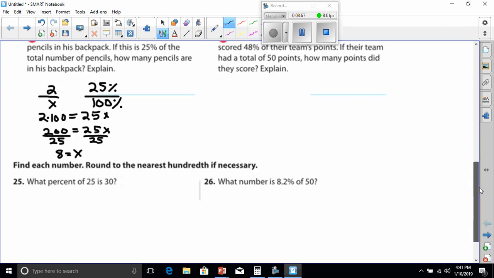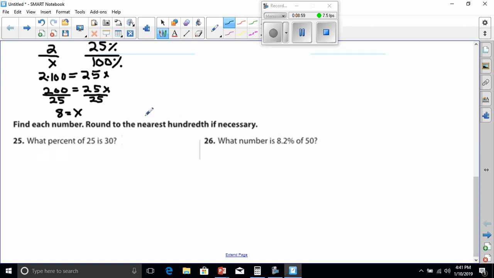Last problem is number 25 that I'll be working for you. It says find each number, round to the nearest hundredth if necessary. So the nearest hundredth, huh? Okay. What percent of 25 is 30? All right. So let's see, what percent? They're looking for a percent, right? So that's got to be the number over 100.